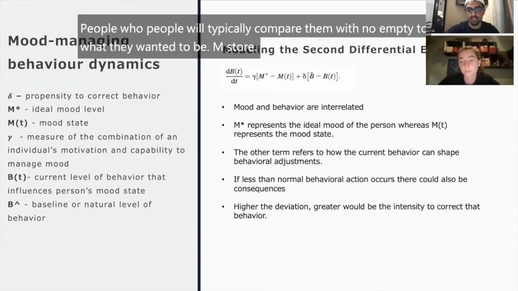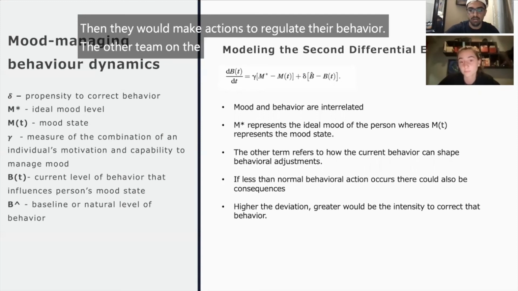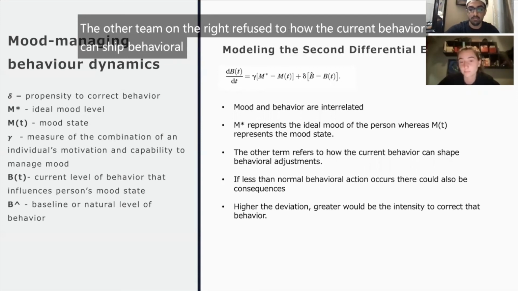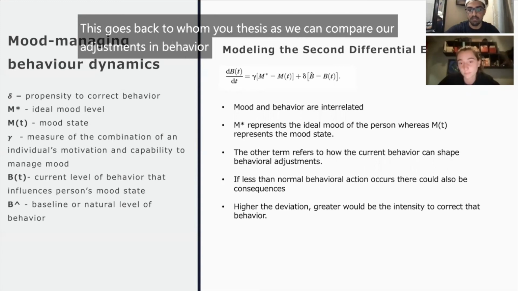Then they would make actions to regulate their behavior. The other term on the right refers to how the current behavior can shape behavioral adjustments. This goes back to homeostasis, as we can compare our adjustments in behavior to that very concept of bringing ourselves back to the state of equilibrium.